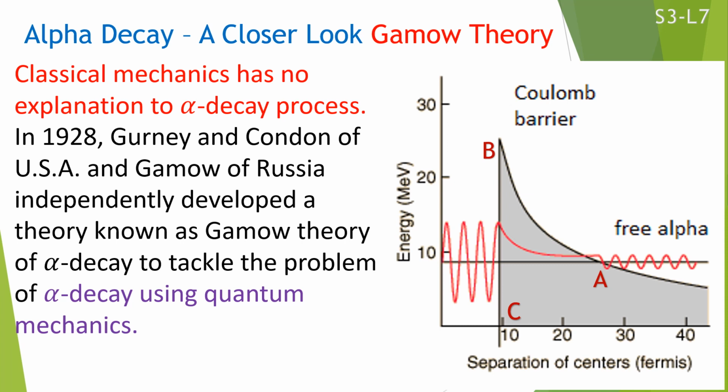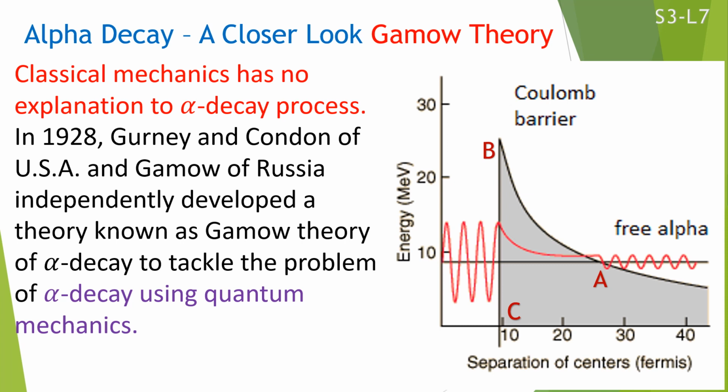If the kinetic energy of the alpha particle is larger than the Coulombian repulsion, then the alpha particle will overcome the repulsion and will enter the nucleus. At this point, the alpha particle suddenly enters the region of nuclear force, where it is attracted by the nucleons in the nucleus.